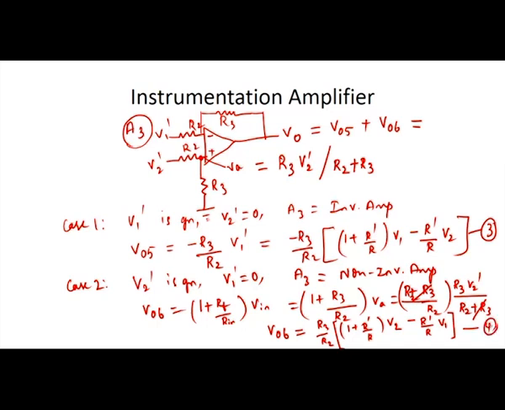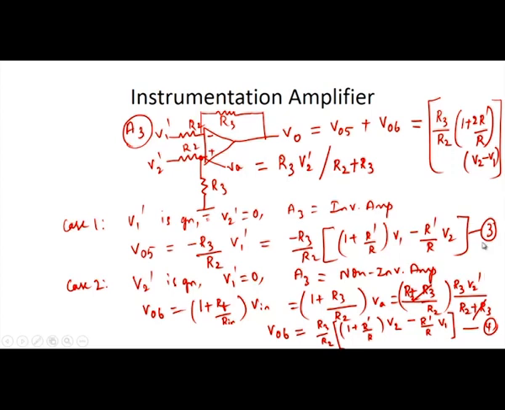So, add these to obtain R3 by R2, that is the feedback resistance divided by the input resistance, into 1 plus 2 R dash by R into the difference in voltage V2 minus V1. This is the output of the instrumentation amplifier.